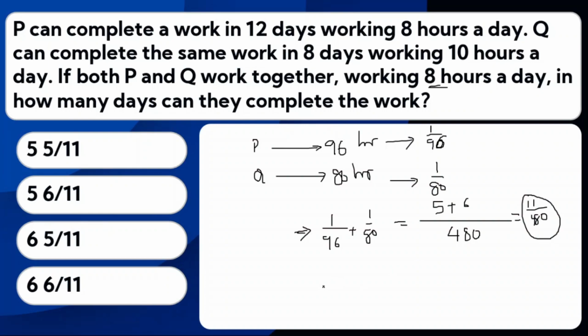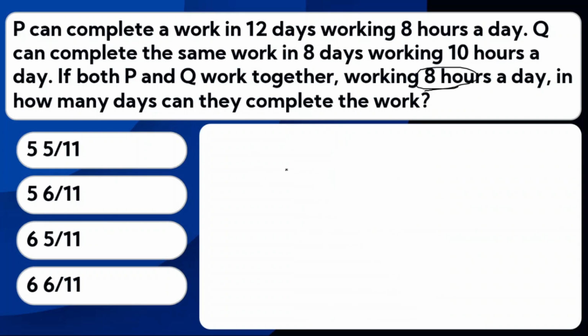How many days will they take to complete the work? Which is nothing but the reciprocal of the per hour work, which is 480 by 11. Just I have refreshed the page. The answer I am left with is simply 480 by 11.